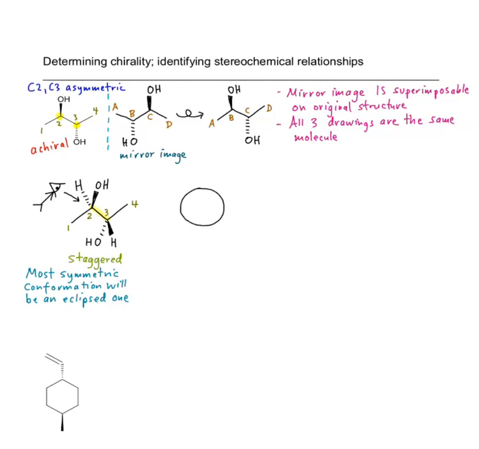Okay, so from your point of view, over on the left, imagine yourself, and you may want to do this with models, imagine yourself now in the plane of the paper looking down C2, C3, which means that C2 is the front carbon, and so from your perspective, the methyl group number 1 is pointing straight down in front of you. You're in the plane now on the left side of that molecule, so the OH group is pointing to your right, and the H is pointing to your left.